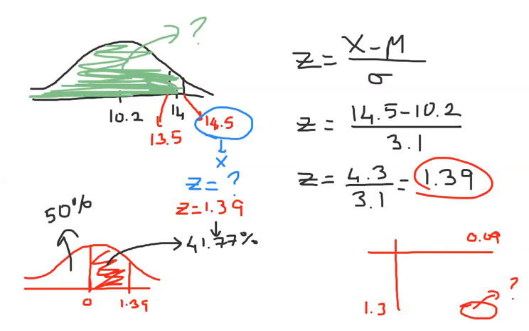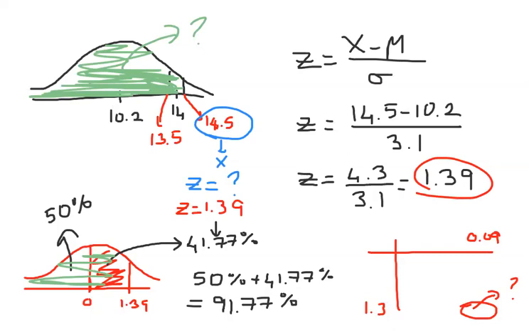And since we are looking for this whole area, all we need to do is add up 50% plus 41.77%, which is equal to 91.77%, which is answering our question.